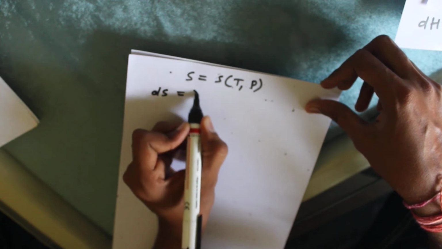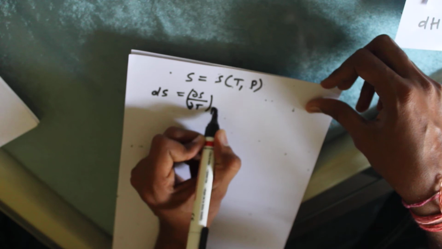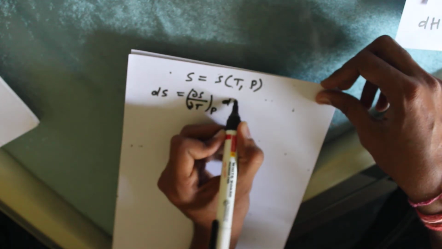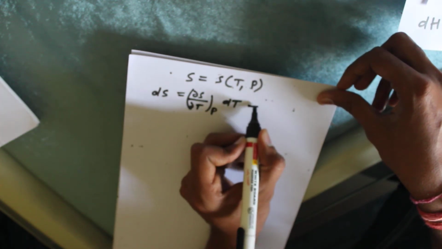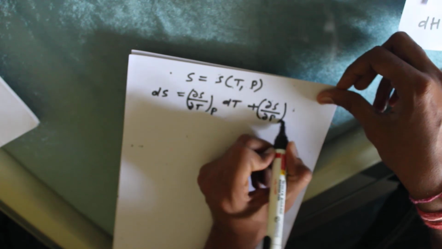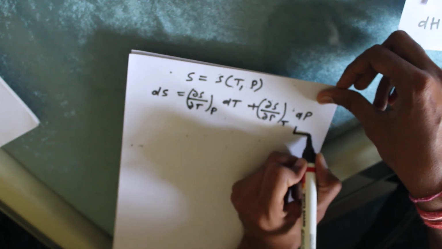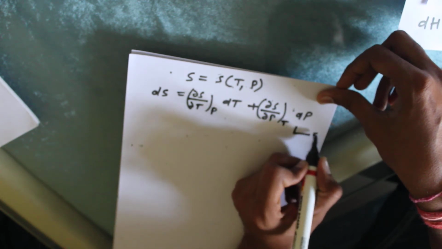So dS will be equal to del S by del T at constant pressure dT plus differentiation of second function, del S by del P at constant temperature dP. Let's say this one is equation 5.